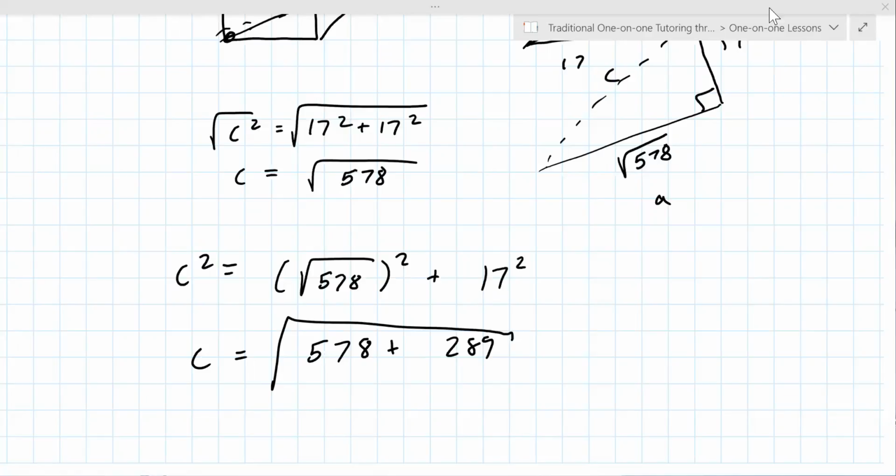Okay, let me double check you, because that looks like one of the answers that was maybe not right. Just check your square root of, yeah, okay, that works. All right.